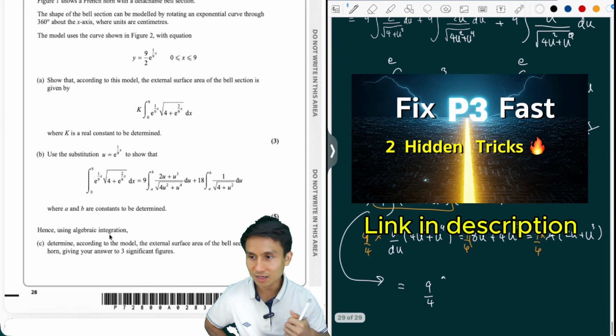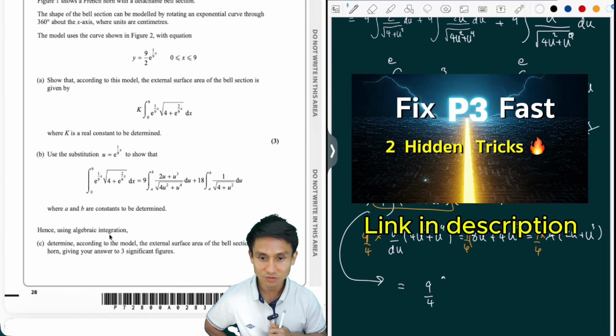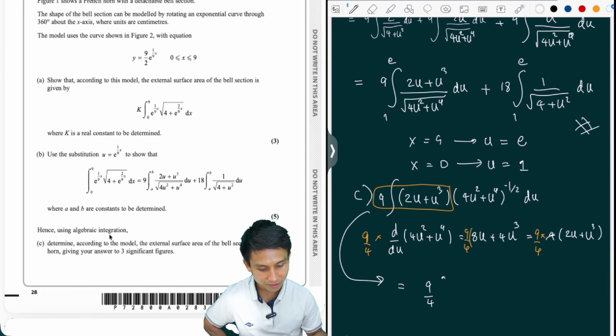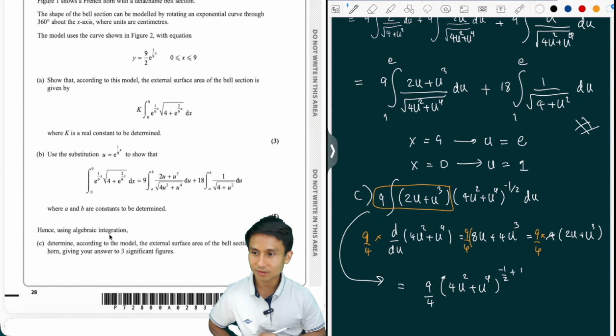You can check how to do the reverse chain rule if you forget. I already attached the video in the description. So this is 9 over 4, and then the thing we are differentiating here, because the power is already minus 1/2, we add 1 to that power, according to the reverse chain rule formula.